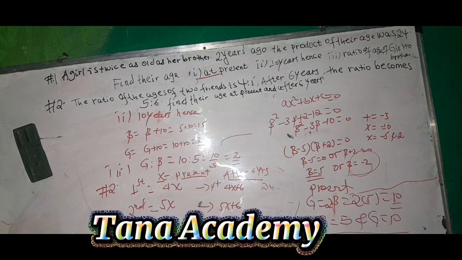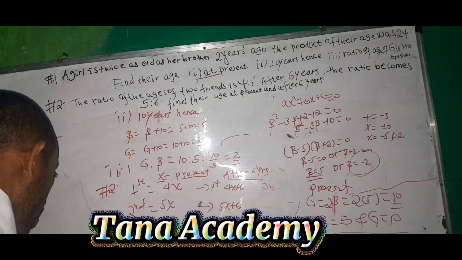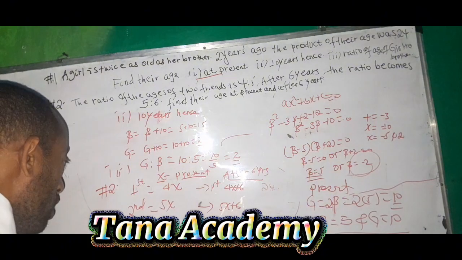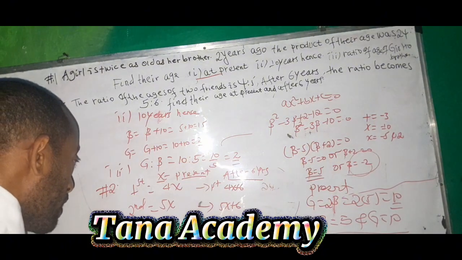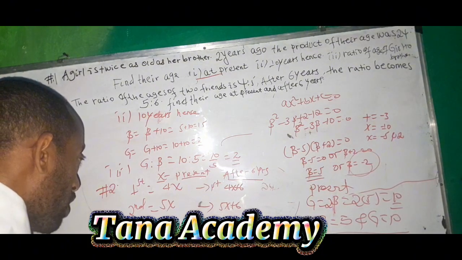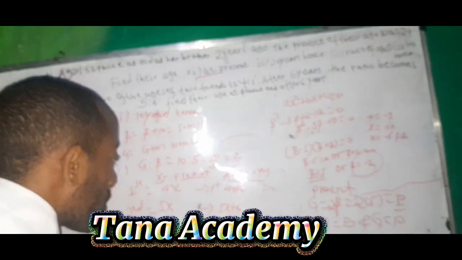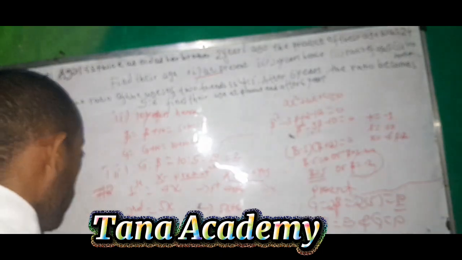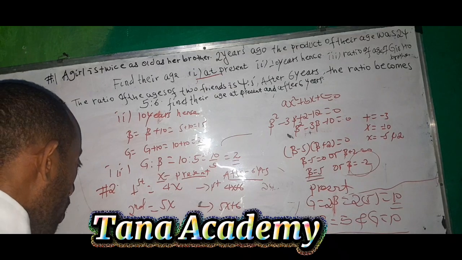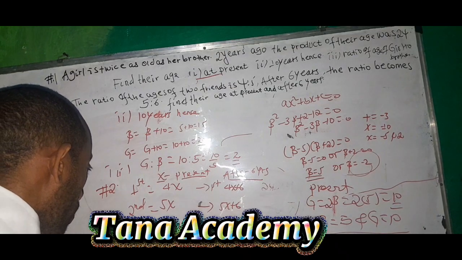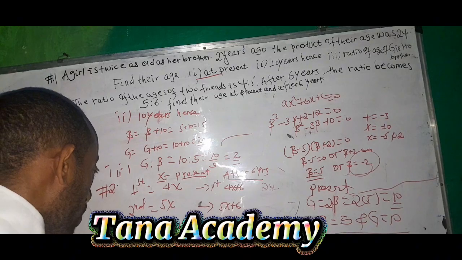The ratio becomes 5 to 6, so (4x plus 6) over (5x plus 6) is equal to 5 over 6.